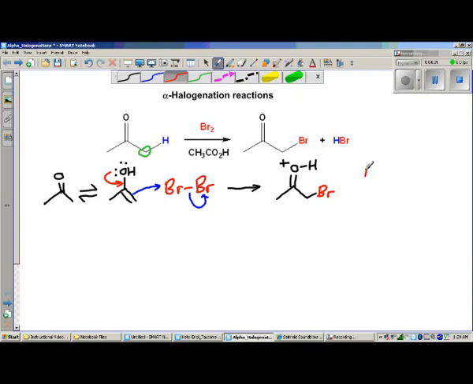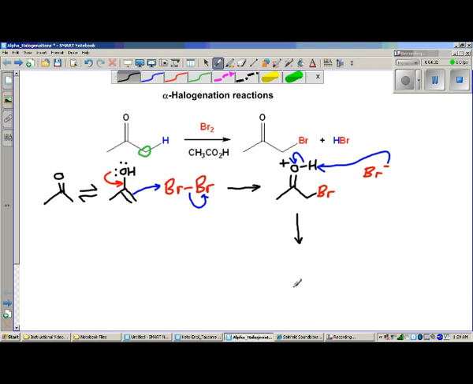But not only that, you have also generated some Br minus. It's happy by itself. However, if it sees a hydrogen that's particularly acidic, as it does right here, it's going to go ahead and grab it. So it goes along there, grabs that hydrogen, kicks those electrons onto the oxygen, and ends up giving you this product.